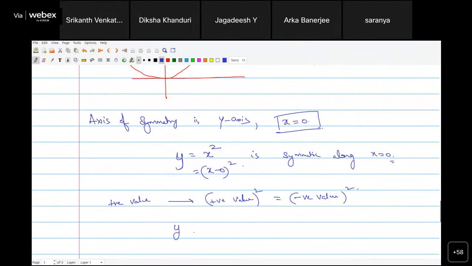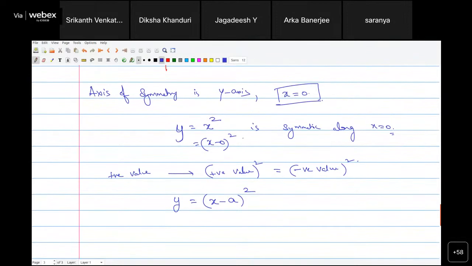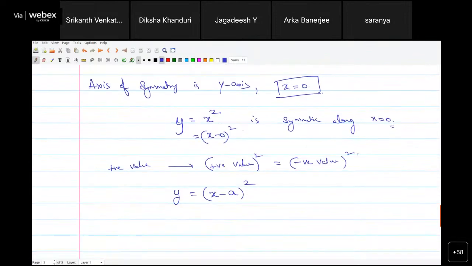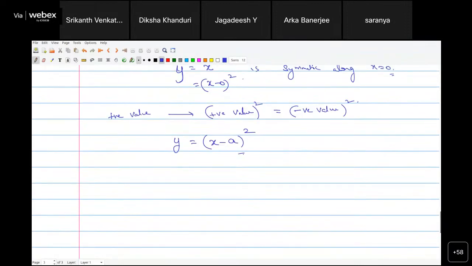Now what if my equation is x minus a whole square, somewhat like this? For which line will it be symmetrical? What will be the axis of symmetry of this equation? First of all, tell me how the graph of x minus a whole square will look.